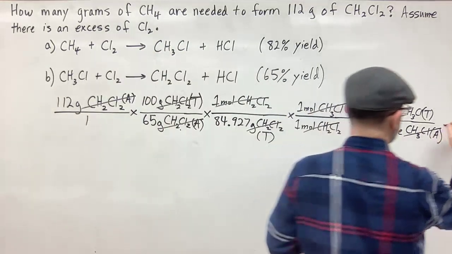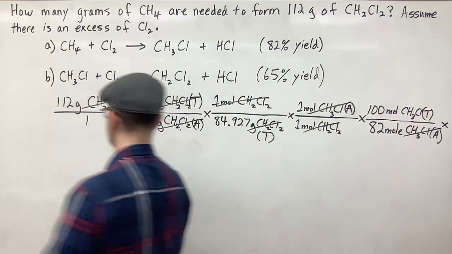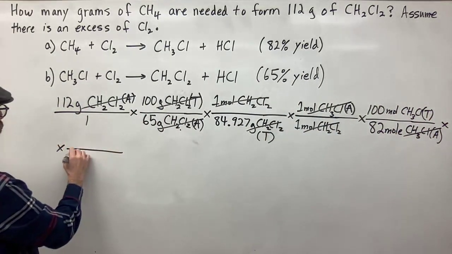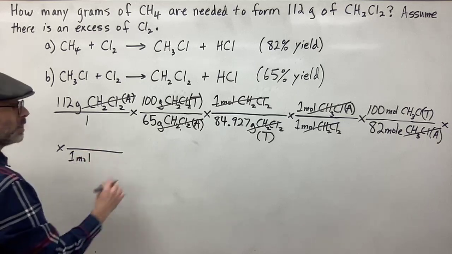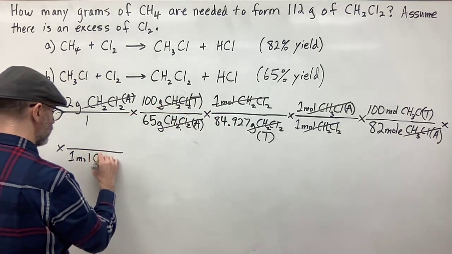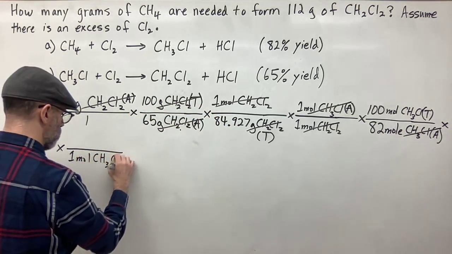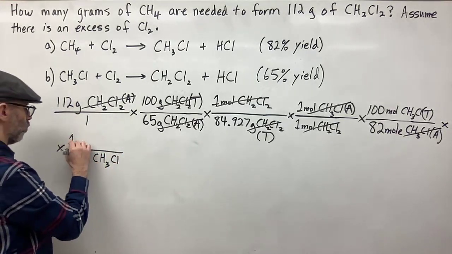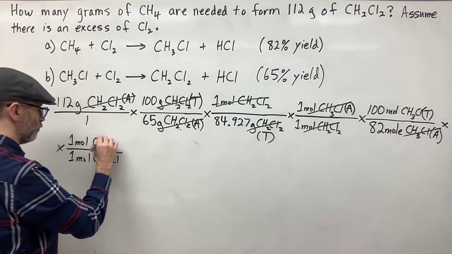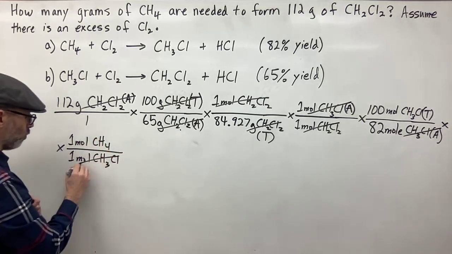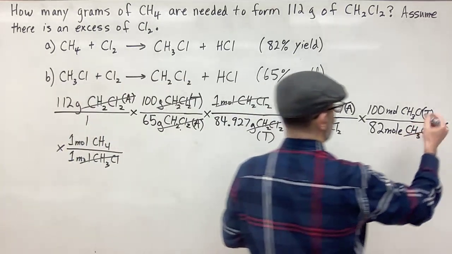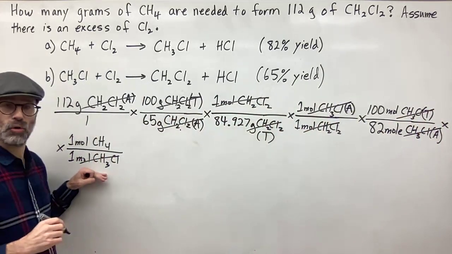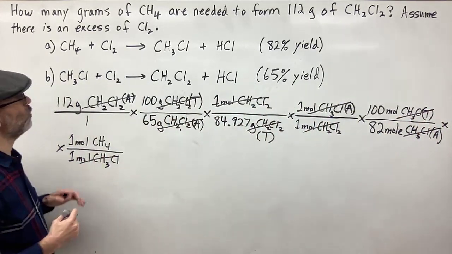We're going to continue that down here because we don't have room. So we're going to have 1 mole of the CH3Cl on the bottom and 1 mole of CH4 on top. So moles of the CH3Cl cancel out. Now I have moles of the methane, but we want grams.